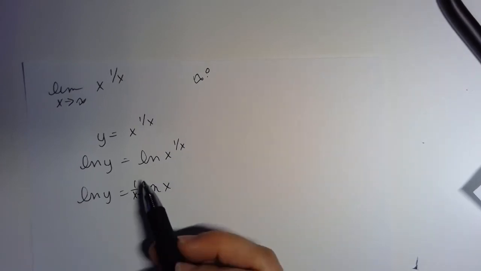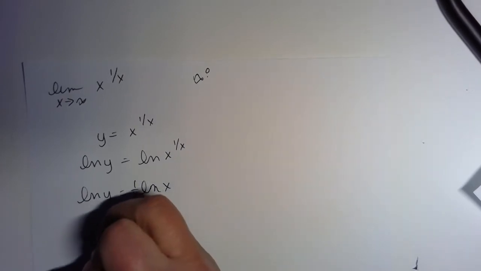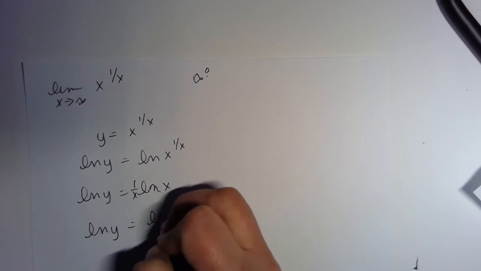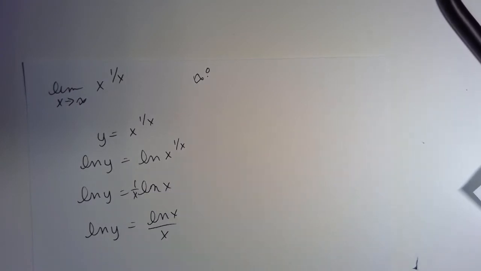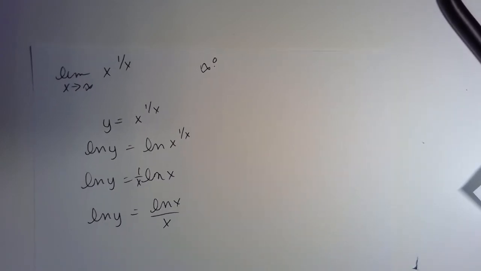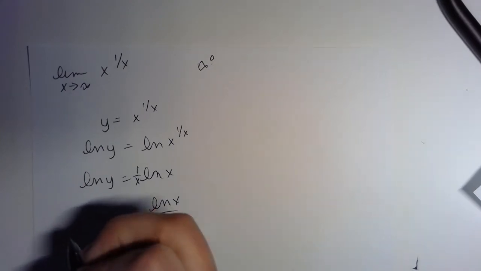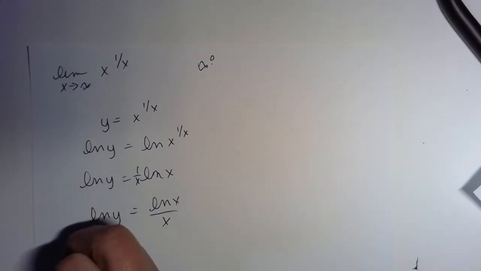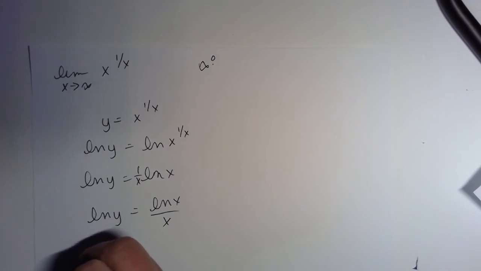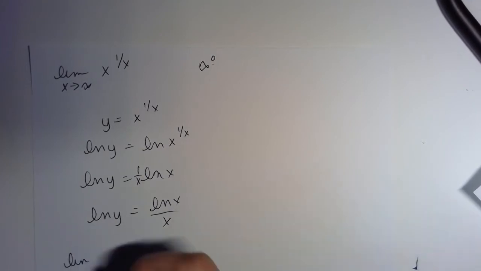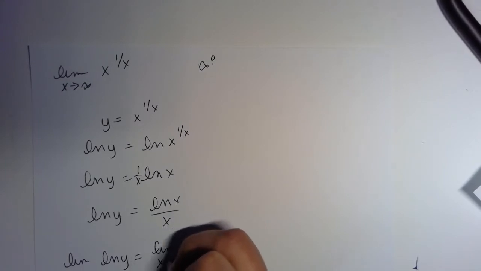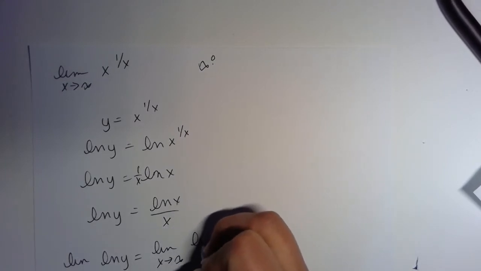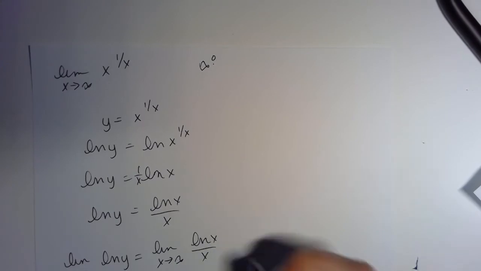And now I see that this is in fact a fraction. So I have the natural log of y equals the natural log of x over x. I want to write it as a fraction. All right, so now I'm going to take the limit of both of these sides. So the limit as x approaches infinity of the natural log of y is equal to the limit as x approaches infinity of the natural log of x over x.